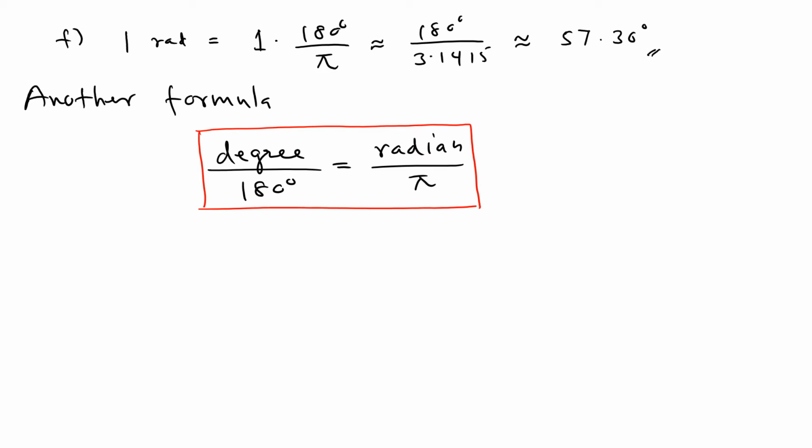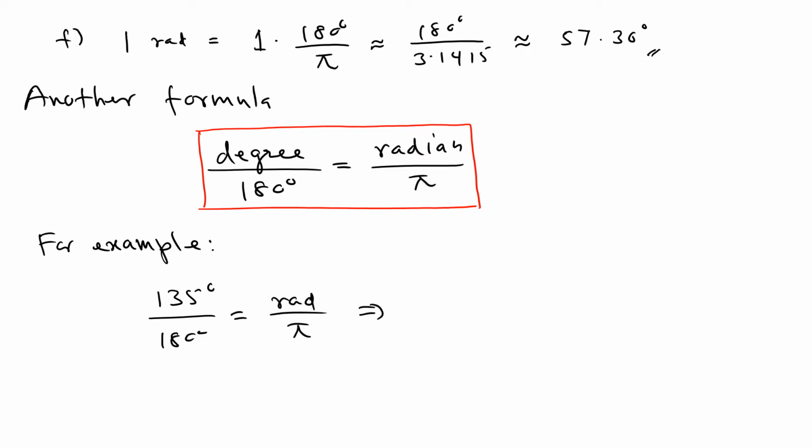So let's use this formula, for example, let's convert 135. Let's say we have 135. So we'll convert this into radians. So what we can do is divide this one by 180. Then this equals the radian value over pi.